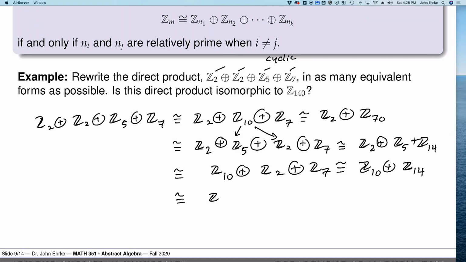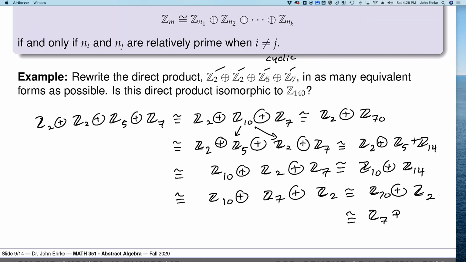I know that this is Z10, Z7, Z2, which would be Z70, Z2, which I could write as Z7, Z10, and Z2.